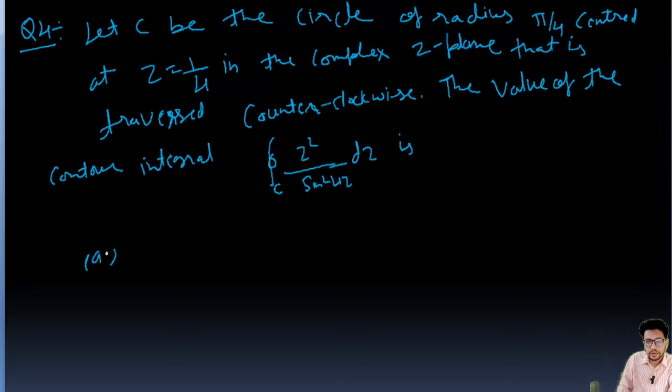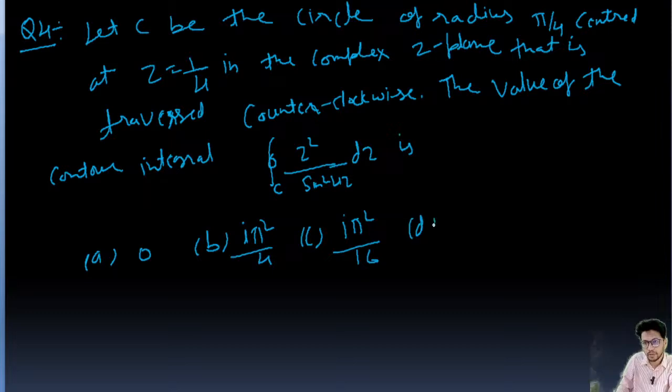Options are: option A is 0, option B is i pi square by 4, option C is i pi square by 16, and option D is i pi by 4. Okay, this is the question.